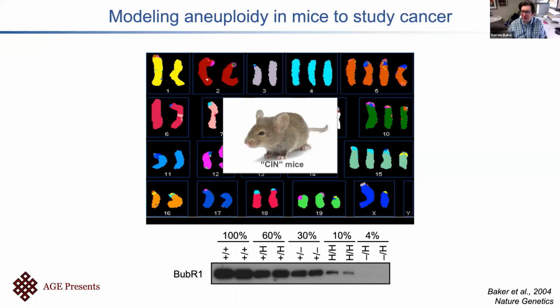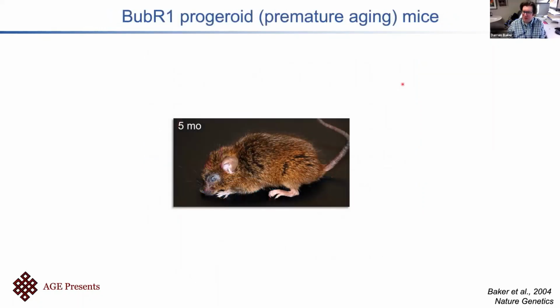If you attenuate that surveillance mechanism of the mitotic checkpoint, you drive this aneuploid phenotype. When I first started in the lab, I got handed a box of these BUBR1 hypomorphs and was told to figure out what was happening, because all that we knew was that these mice were dying very early in their life.